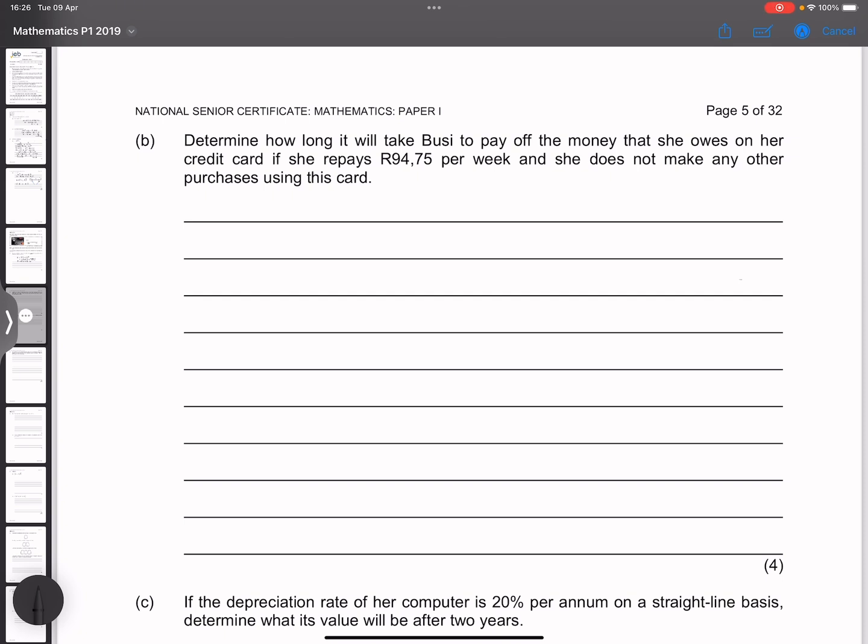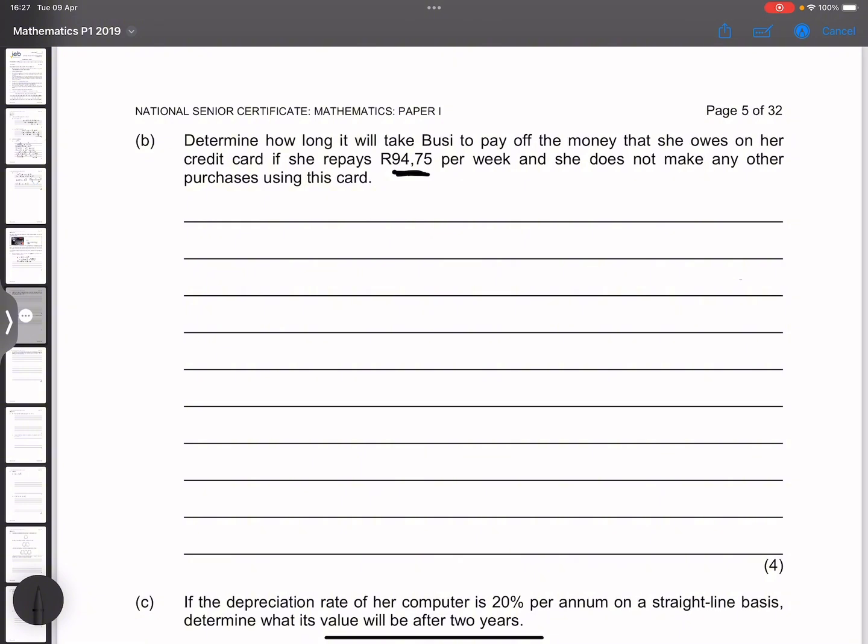Now, ladies and gents, remember, in this case, we're looking at the accumulated amount that will be made from that 94 Rand and 75 cents. So we're looking at the future value. So in this case, I want you to note this is how much that she pays.